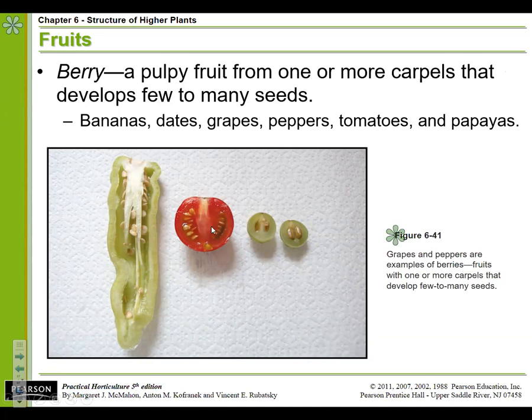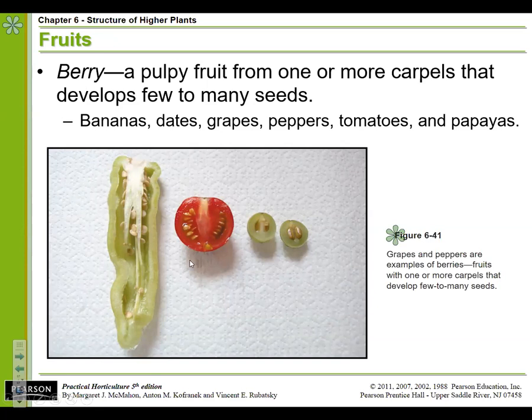And really the big thing here is that that pericarp is connected to some sort of pulpy tissue surrounding the fruit there. We think of it as being kind of more dry in peppers, but it still has that exterior fleshy pericarp.